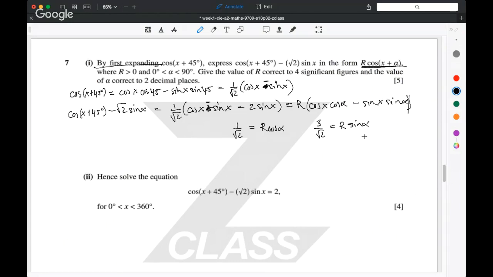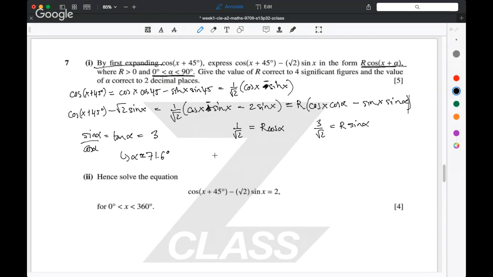So to get alpha, I'm going to divide this by this, and I get that sine alpha over cosine alpha, which is the tan of alpha, is equal to 3. If you put this into your calculator, you'll get that alpha is equal to 71.6 degrees, which is perfectly fine in our limited range, and there's no other values of alpha in that range.